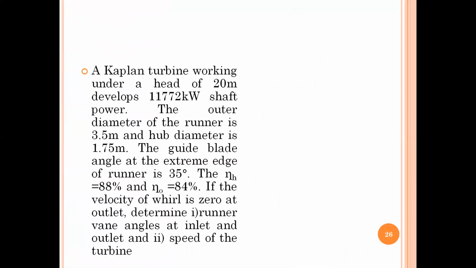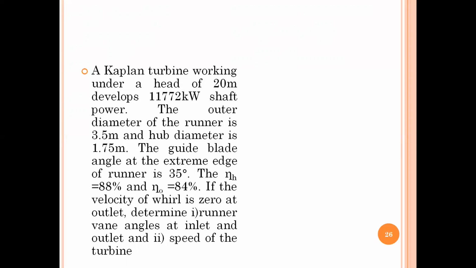Now next is my Kaplan turbine. Kaplan turbine problems are very important. Every year there's a definite problem in Kaplan turbine. So here we go. A Kaplan turbine working under a head of 20 meters develops 11,772 kilowatt shaft power. The outer diameter of the runner is 3.5 meters and the hub diameter is 1.75 meters.